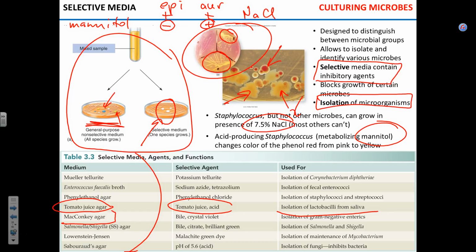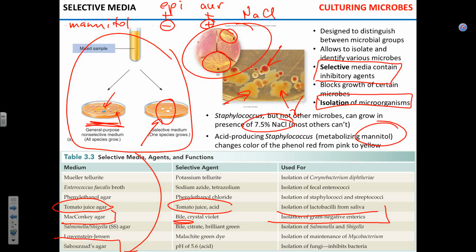MacConkey agar. This type of medium contains bile salts, which restricts the growth of gram-positive microbes and allows you to pretty much isolate only gram-negative bacteria originating in the intestine. Okay, Sabouraud agar.